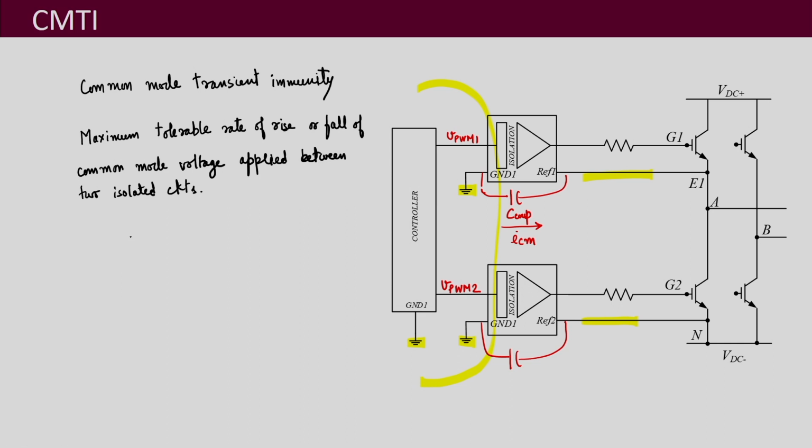And the way it is measured, or you can say denoted, is in terms of kV per microsecond. So what it is that your ICM current is your C coupling times dVCM, this common mode voltage, by dt.